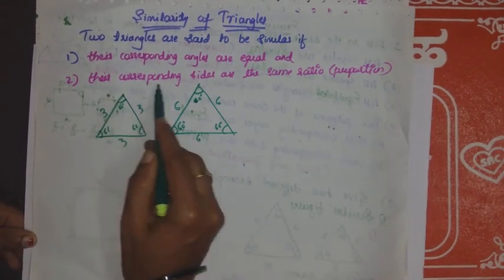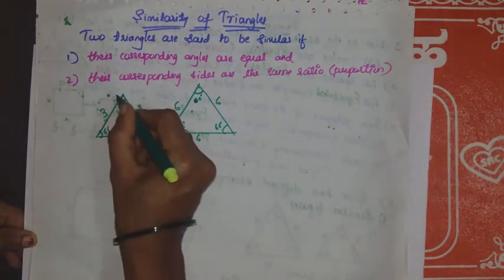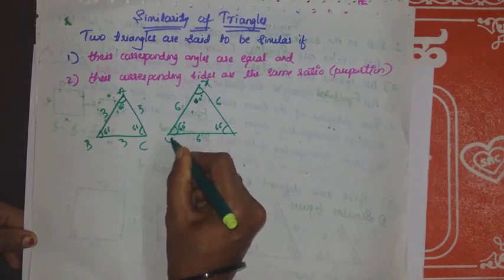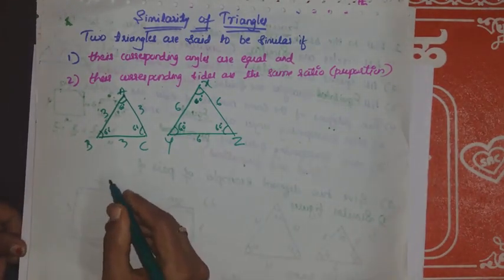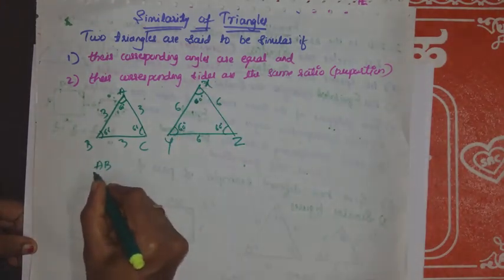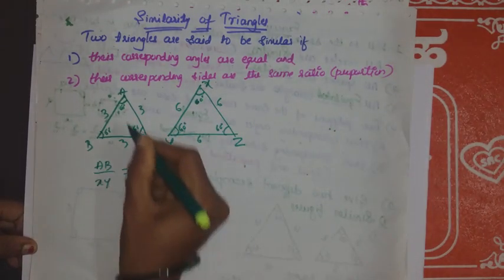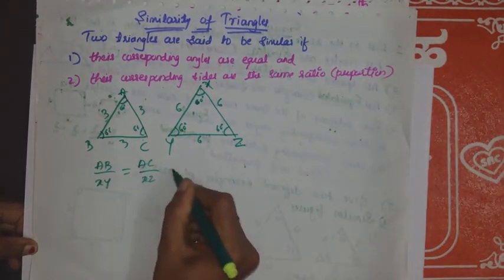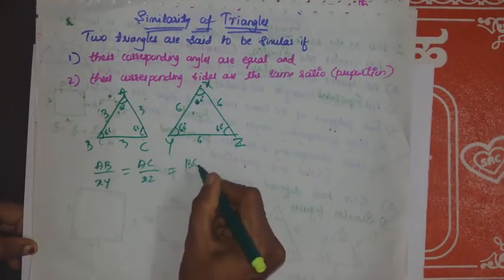Then their corresponding sides are in the same ratio. I call this ABC and this XYZ. Here corresponding sides, that is AB and XY ratio, then AC by XZ and BC divided by YZ.